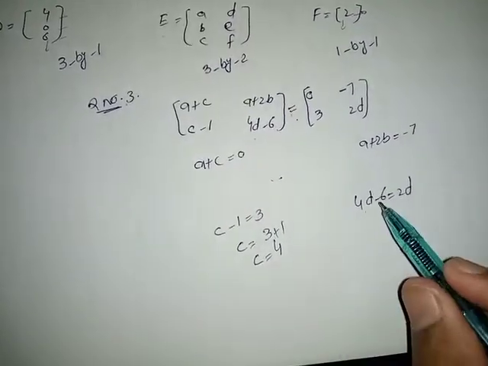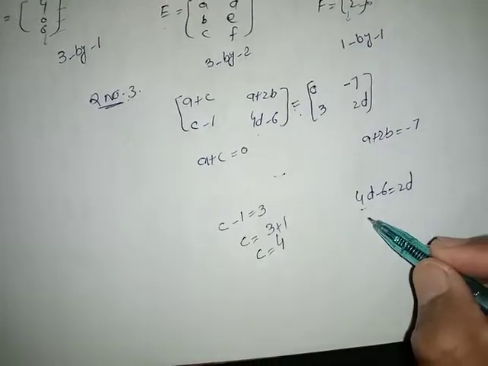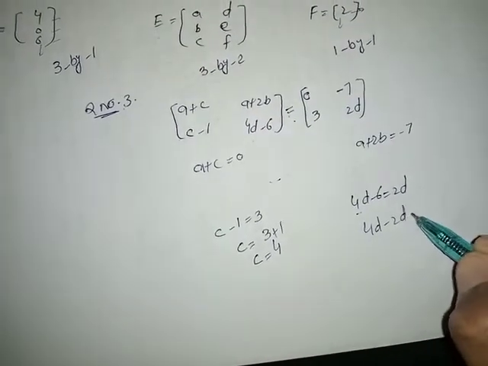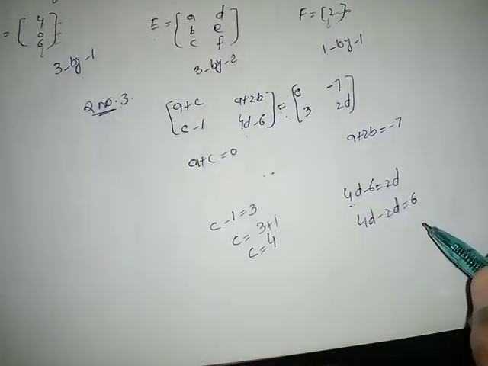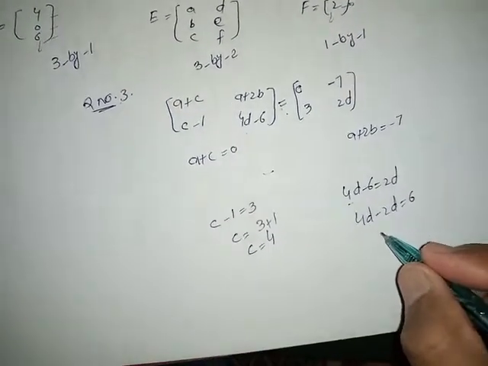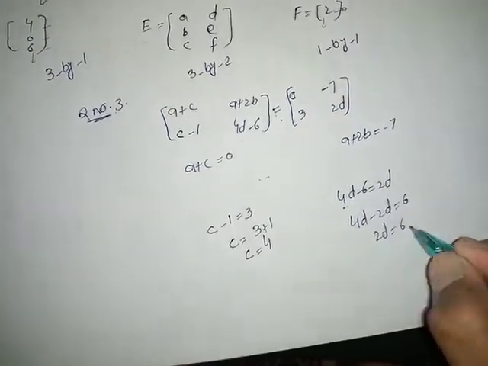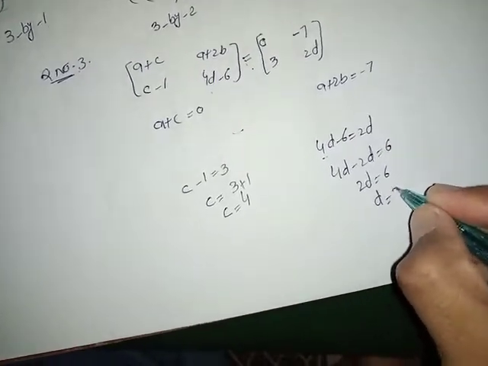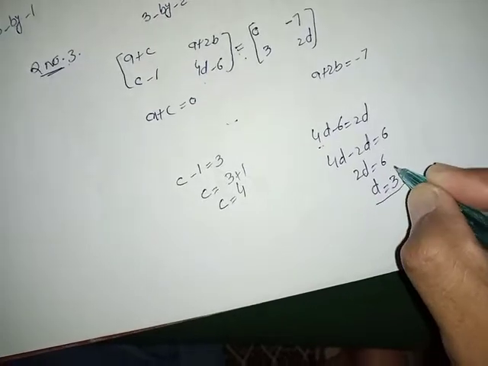Now we can also find the value of d, because 4d minus 2d, and 6 changes its sign when it moves to this side, so 2d is equal to 6. Now we divide by 2 on both sides, so d is equal to 3.